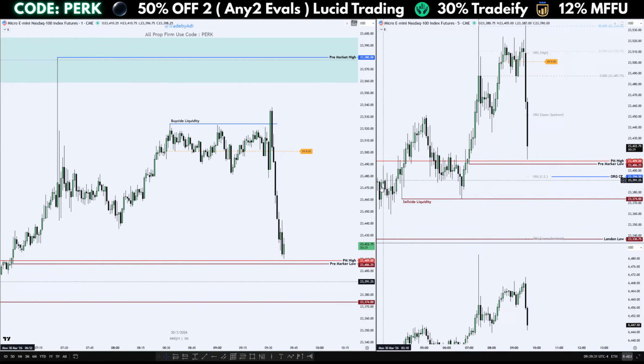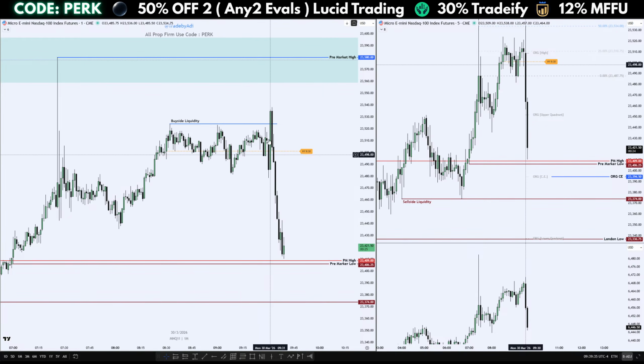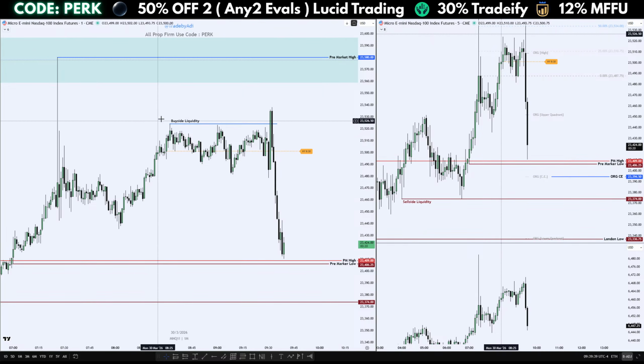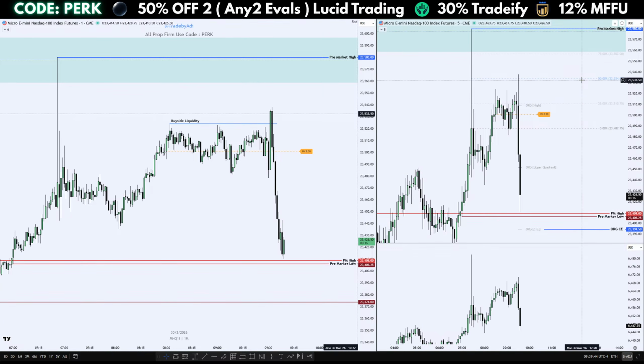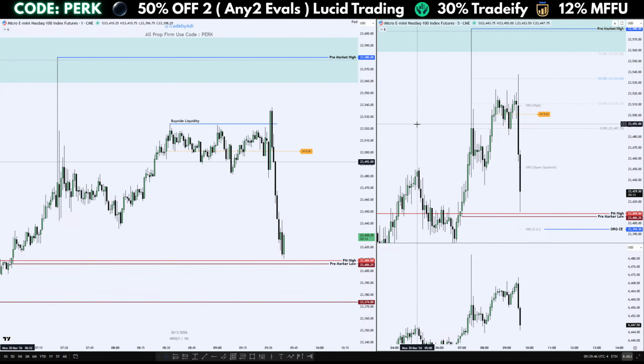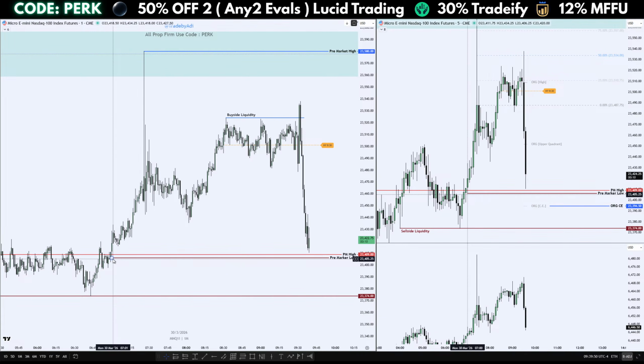Because we have done the manipulation, I was thinking we had done the manipulation at the bottom side, but we have not created any fair value gap, no displacement. So above the equal highs, we also get a reaction from the 50% CE, okay? And right now the pre-market low is still open liquidity, and the equal lows.